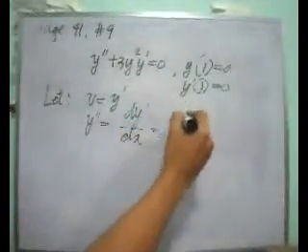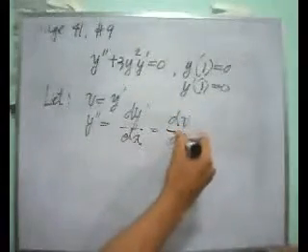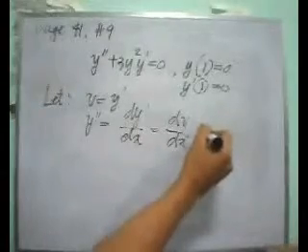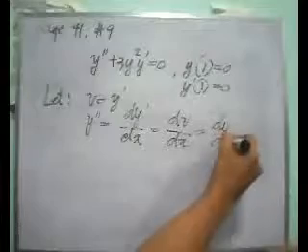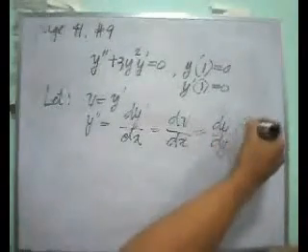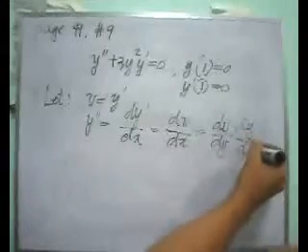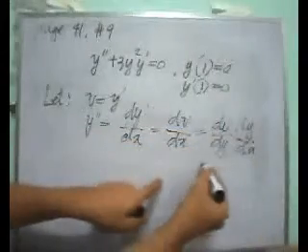This would be dv over dx. Now dv over dx, using the chain rule, we have dv over dy times dy with respect to x. Finally, this dy over dx will be equal to y prime.